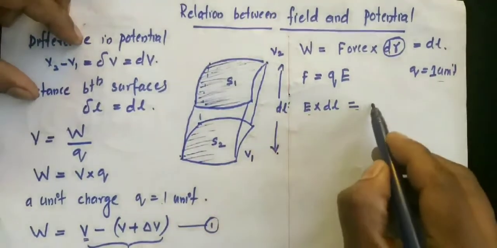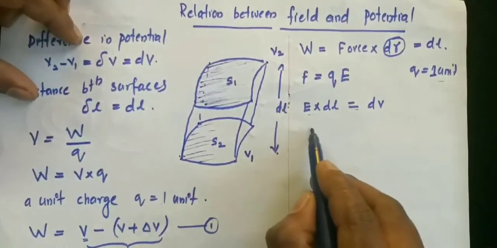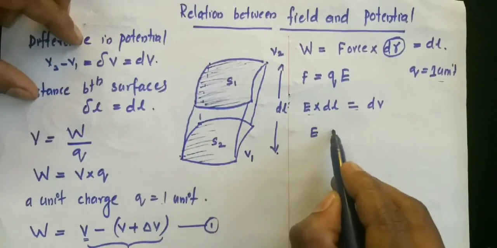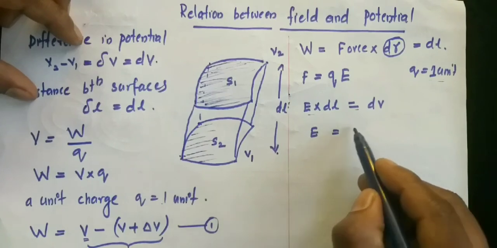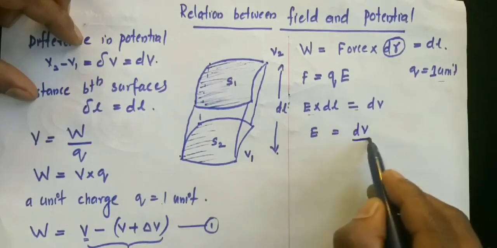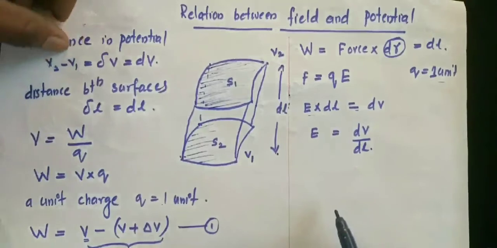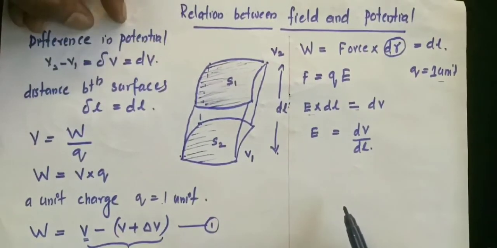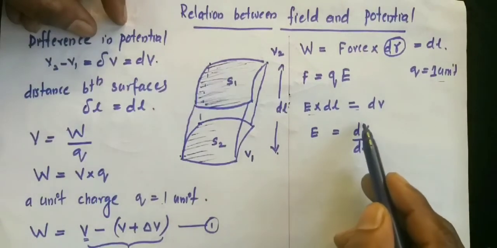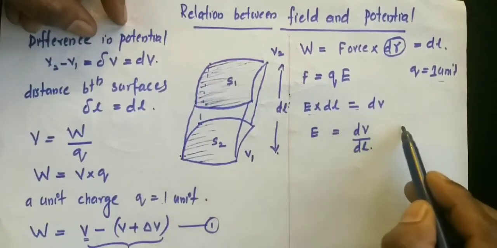So work done we already know is dV. Equation 1 represents dV. So E is equal to dV divided by dl. That is, change in potential with respect to the distance is the electric field. Just see it. Change in potential with respect to the distance is called electric field.